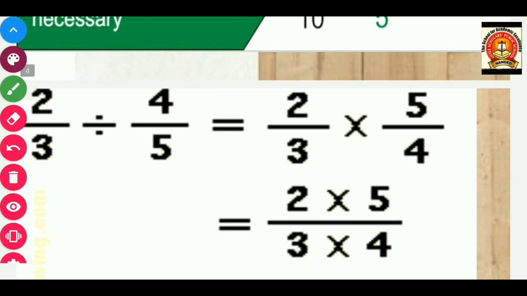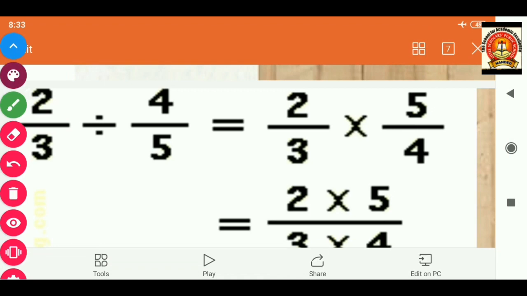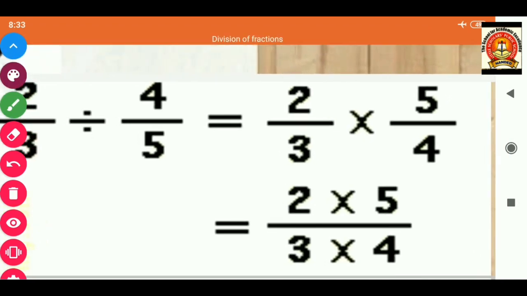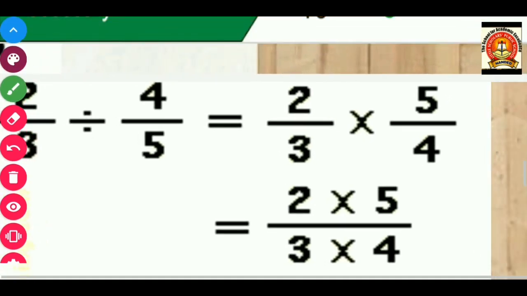Moving to one more example, friends, you can see here 2 by 3.